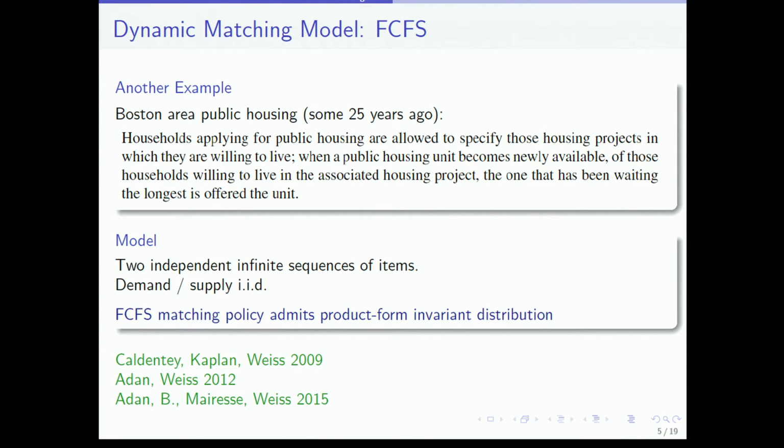Okay. But this is also all about the first come first served policy, and in practice this is not very easy to implement for various reasons. First of all, it's complex. Imagine that your bipartite graph is big, so you need to track all the sequence of unmatched items in the system with exact dates when they arrived in the system.